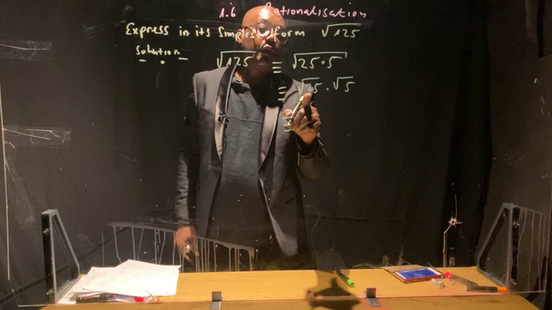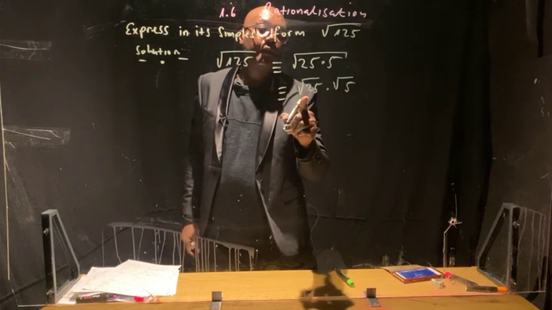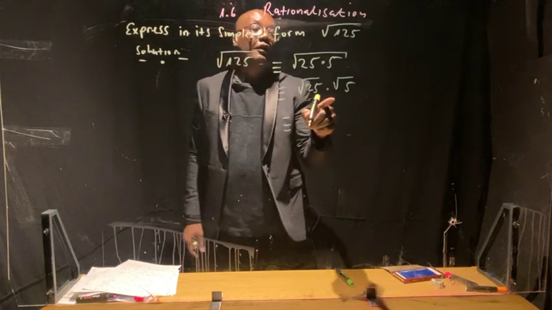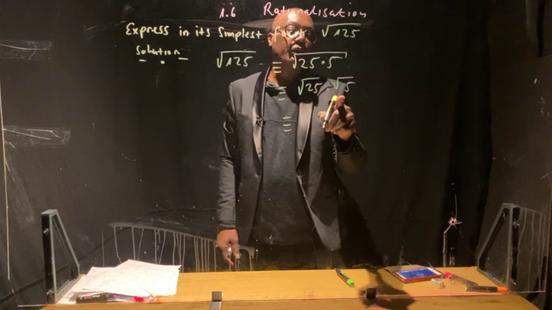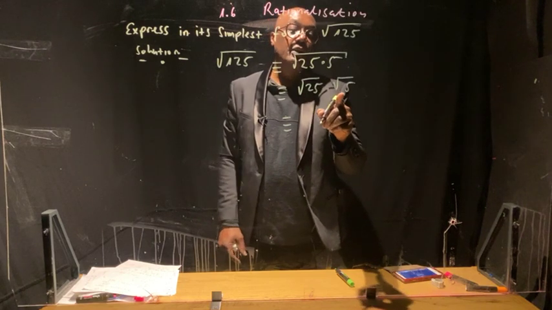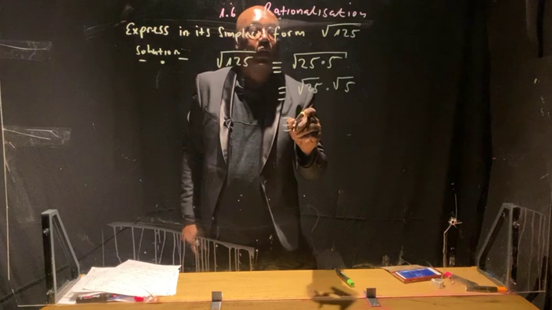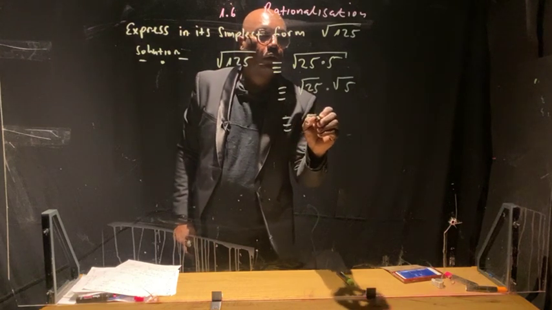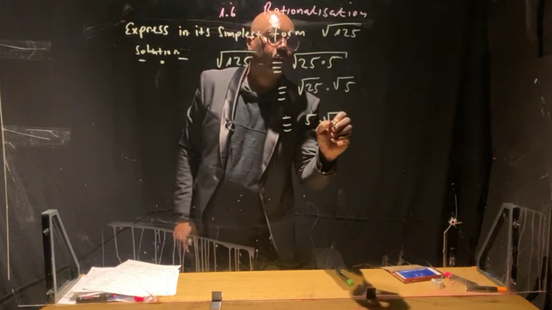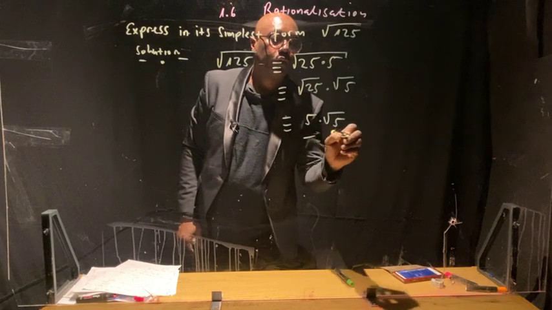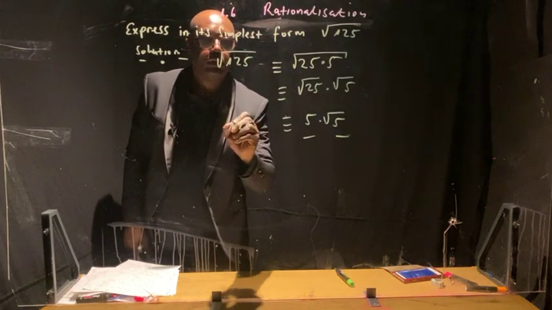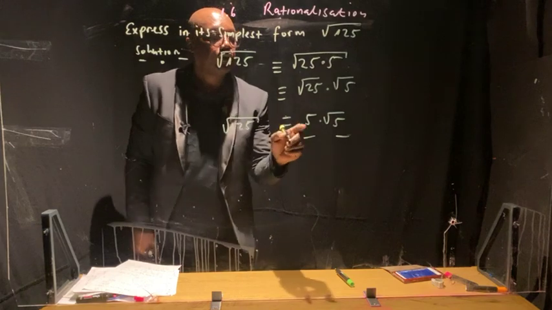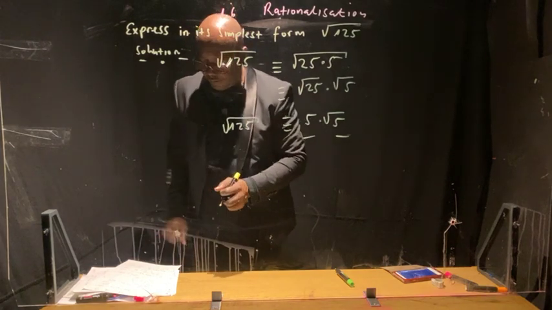This one is a rational number. Root 25 is equal to 5 multiplied by root 5. We leave it in this form. Therefore, root 125 is equal to 5 root 5. Good.